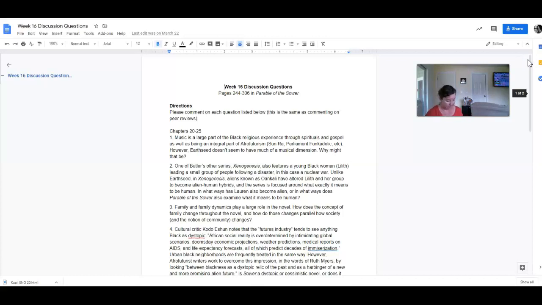And then I have some pages that I highlighted in these last sections of the novel to talk about. The first is on page 246, after the earthquake, where Butler is describing the chaos that's been created around the San Francisco, California Bay Area.